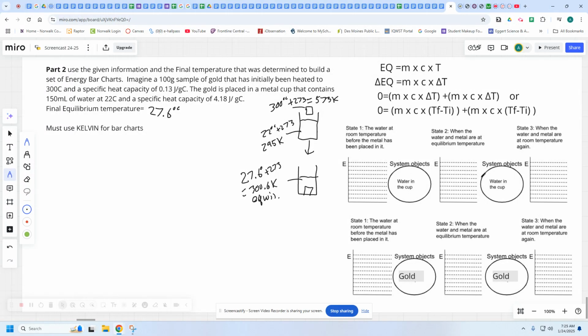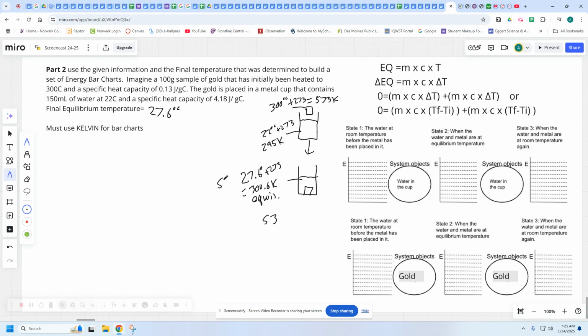But then you guys also got to think about the third state. Once that energy transfers from the gold to the water and it gets to 300.6 Kelvin, the water and the gold eventually do cool down to room temp and transfer energy out to the surroundings. So I'm going to assume when they're at room temp, both the gold and the water are at 22 degrees. So this is state 3 here.